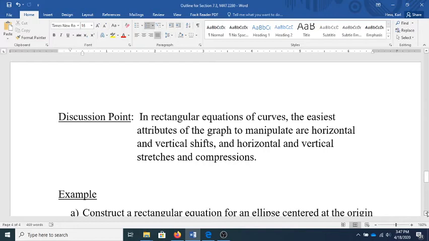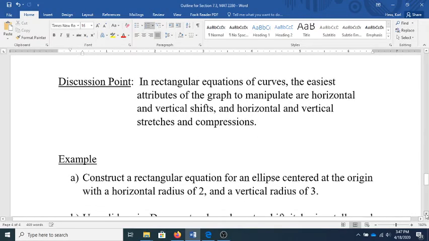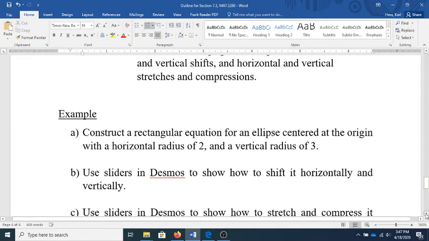So it's easy to manipulate those curves in those directions, either to shift them horizontally and vertically, or to do stretches and compressions that are horizontal and vertical. To demonstrate that, we're going to construct a rectangular equation for an ellipse that is centered at the origin with a horizontal radius of 2 and a vertical radius of 3.